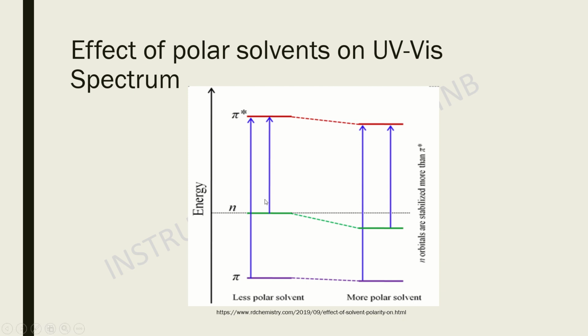So the polar molecule will be attracted towards the excited electrons more to get stabilized. So the energy gap would decrease when we use a polar solvent in pi to pi star transition, and if the energy gap decreases, the wavelength would increase.